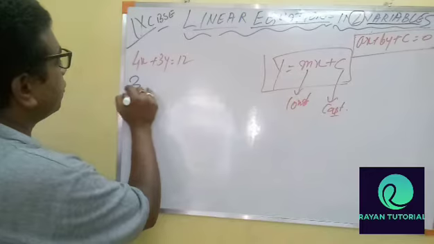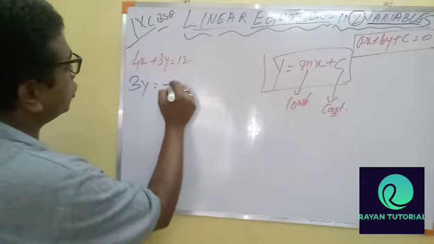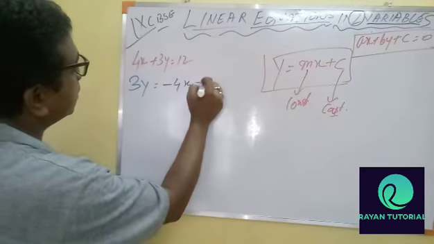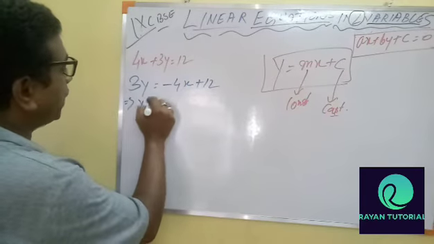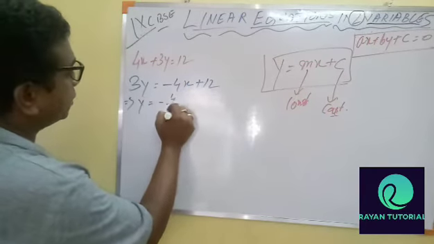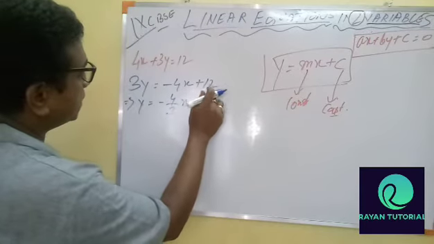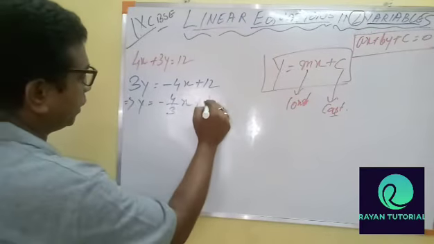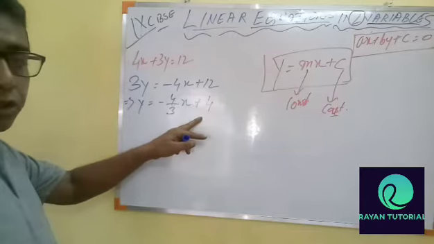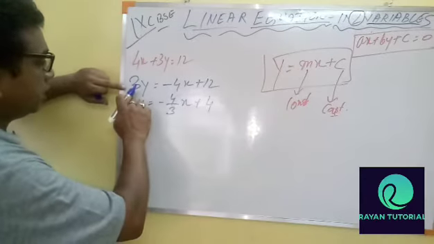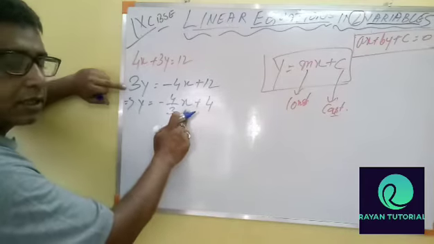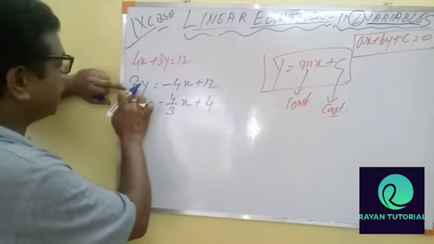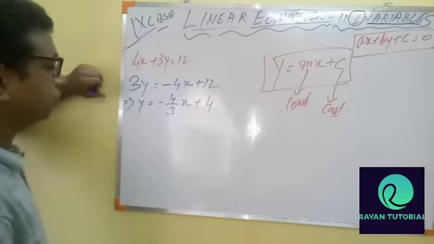That means 3y equals minus 4x plus 12, or y equals minus 4 by 3 x plus 12 divided by 3. You understood this one? This one divided by 3, that is minus 4 by 3 x. Again 12 divided by 3 is 4.